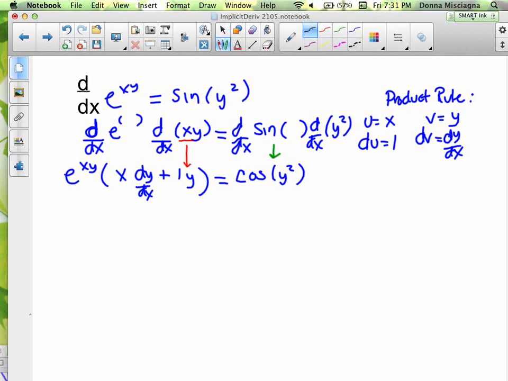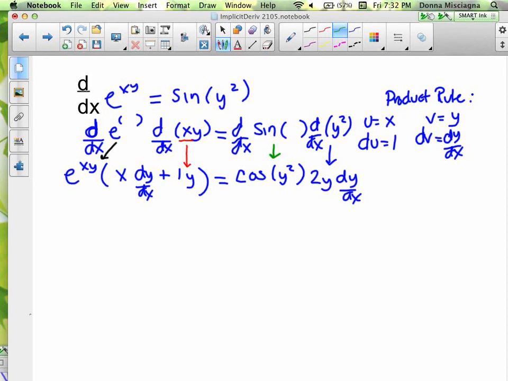This was the derivative of e to the blop, and the final derivative in this chain, we have the derivative of y squared, and the derivative of y squared is 2y dy/dx. So we've got some things stuck over here. Notice dy/dx is stuck inside those parentheses. Also, this is not very nice here with the 2y at the end.